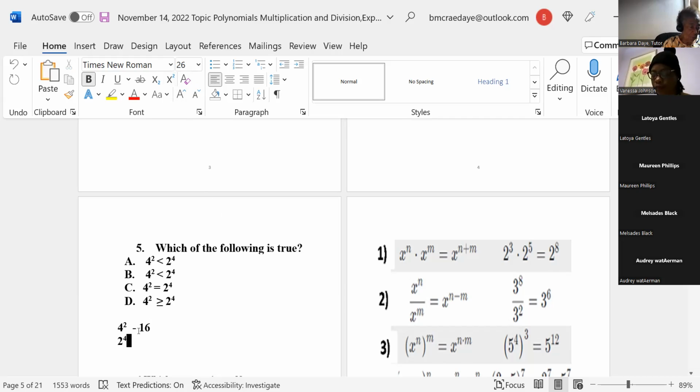And let's just put this: 2 to the 4th is equal to 16. 4 to the second is equal to 16, right? Yeah. Okay. So what would be the answer, Maureen?